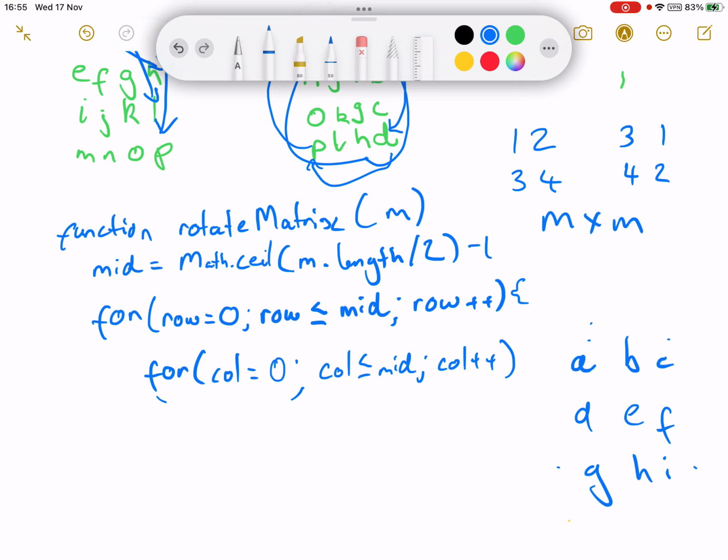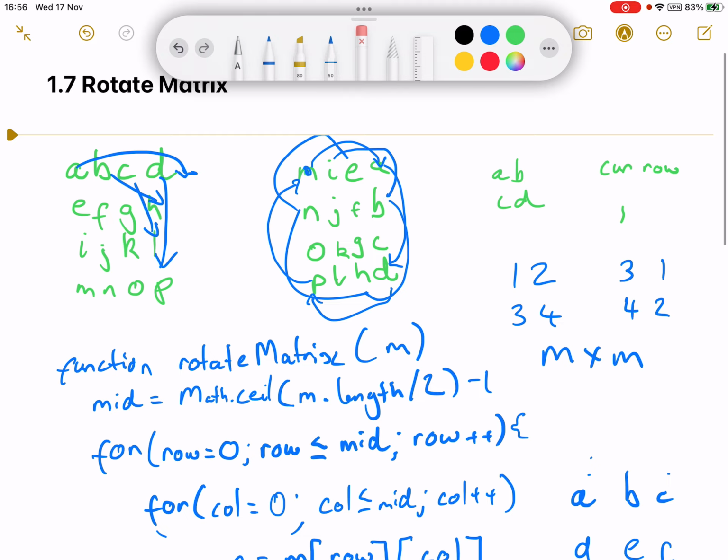Right? So then if row is 0, A is equal to M row is 0 call, and if it's 1, honestly I give up. This is another fail. Pretty bad streak.